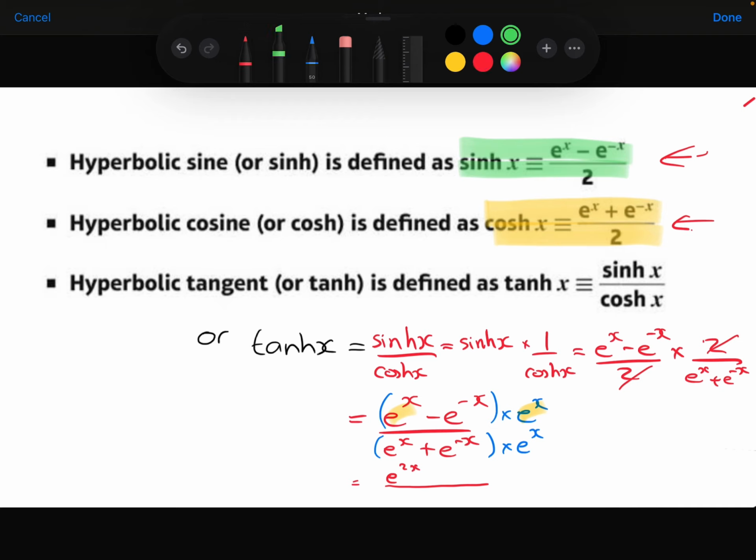And then, crucially, I'm going to have e to the minus x times e to the x, which will cancel out to be 1. And then similarly on the bottom, I've got e to the 2x plus 1. And for me, this is a slightly nicer version of the exponential form of tanh.